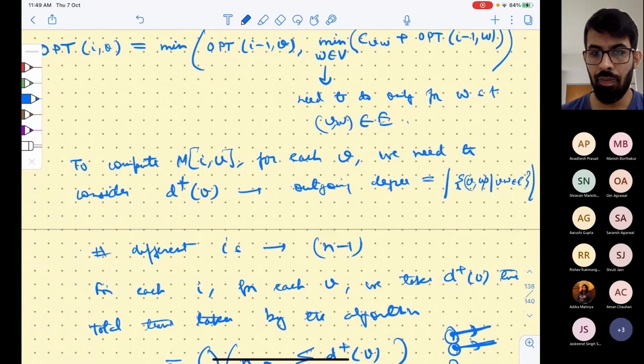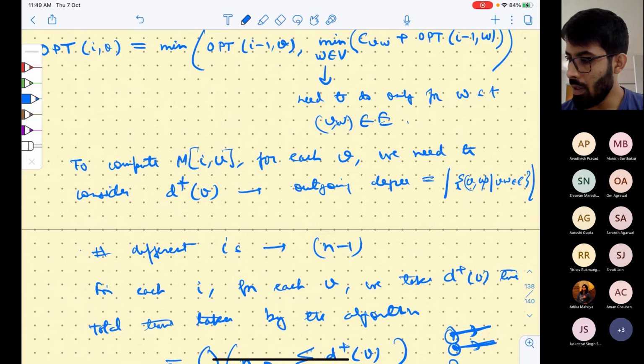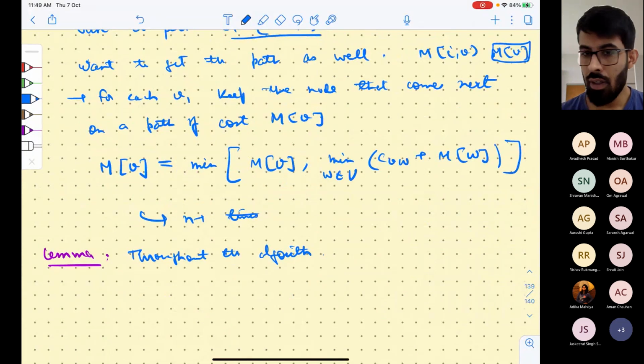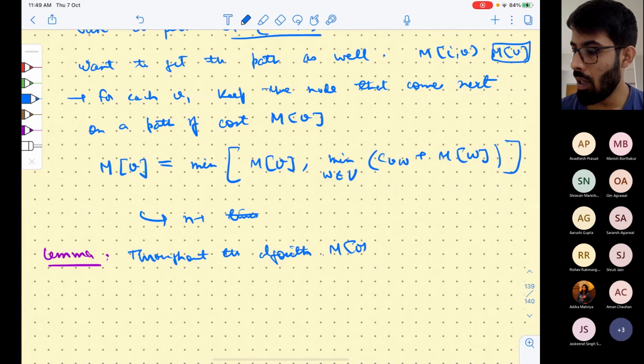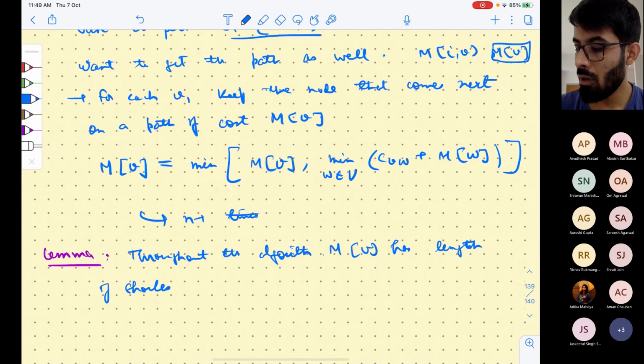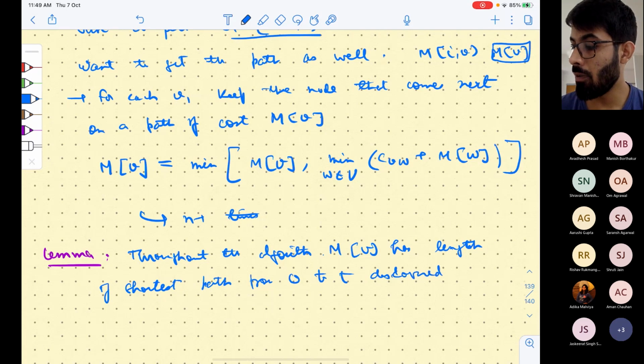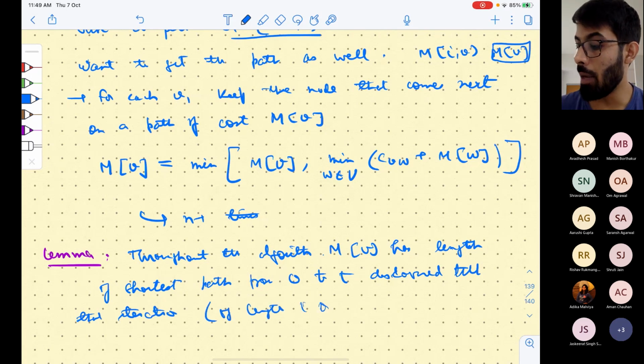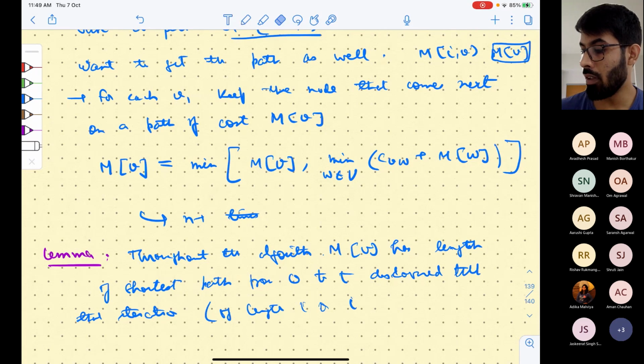Yeah, so M[v] will be the length of the shortest path from v to t discovered till that iteration, of length, let's say, i or maybe i plus 1.